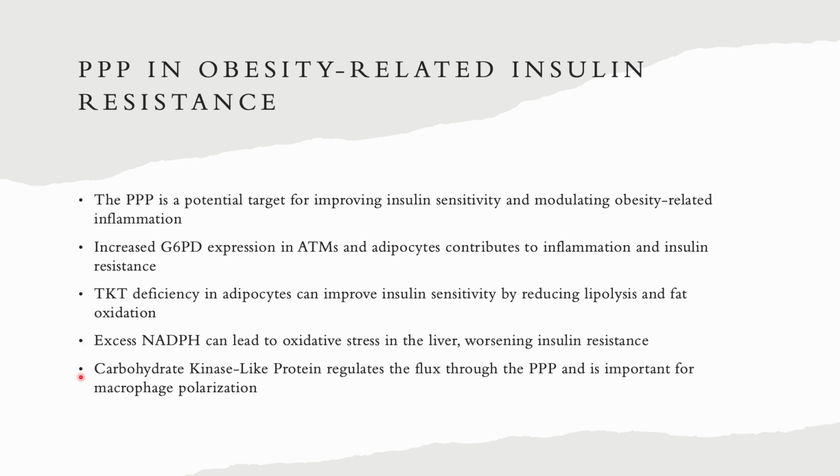And then CKLP will regulate the flux through the PPP and is important for macrophage polarization, and also increased G6PD expression in ATMs and adipocytes contributes to inflammation and insulin resistance.